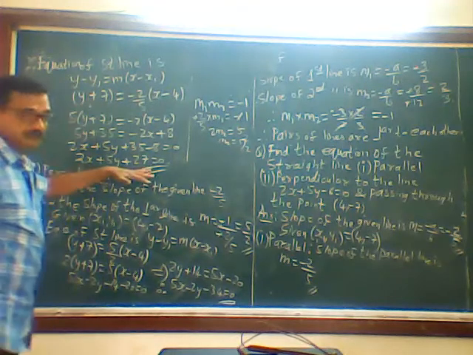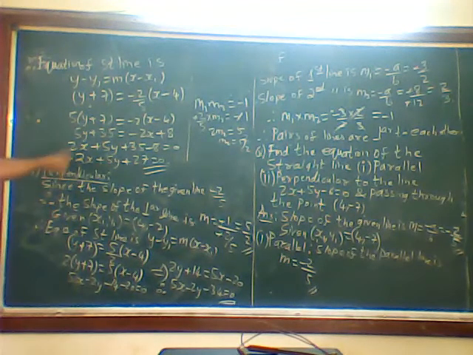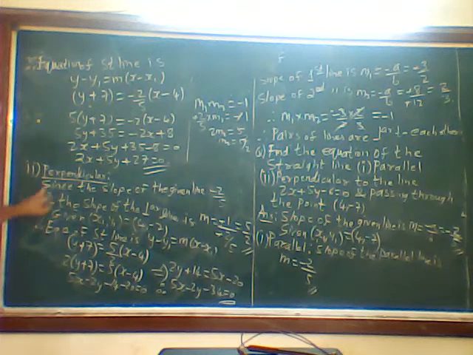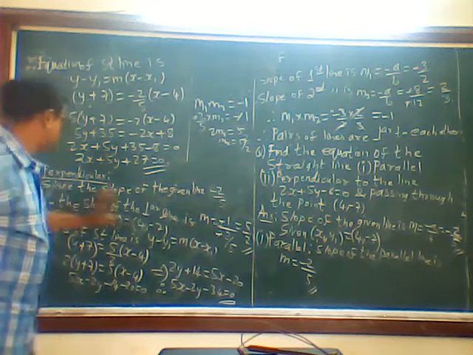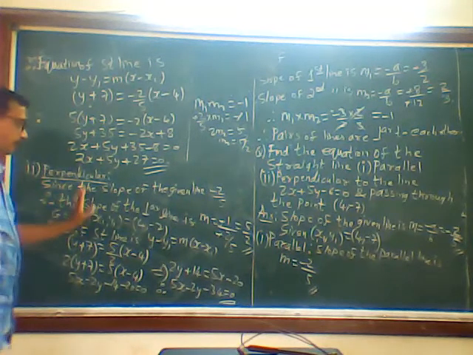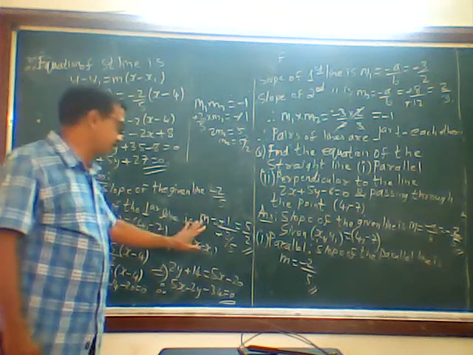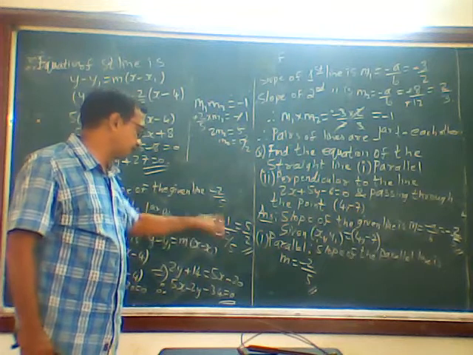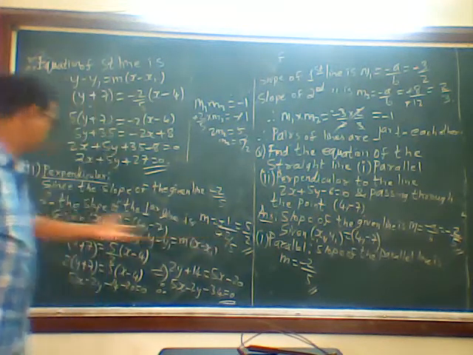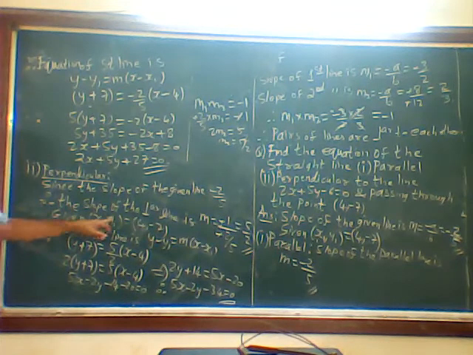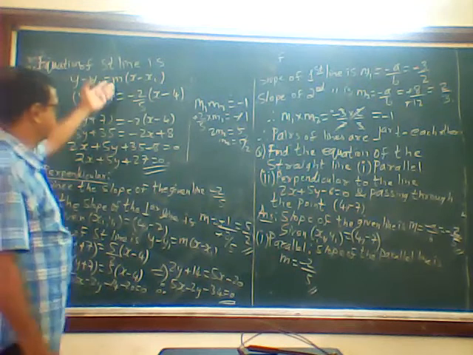Then we have substituted the values and got the answer. Next, perpendicular slope. Since the slope of the given line is minus 2 upon 5, the slope of the perpendicular line is m equal to minus 1 upon, I am going to invert this, minus minus cancels, they become 5 upon 2. Then given is x1 comma y1. Then the equation of the straight line is the same, substituted.